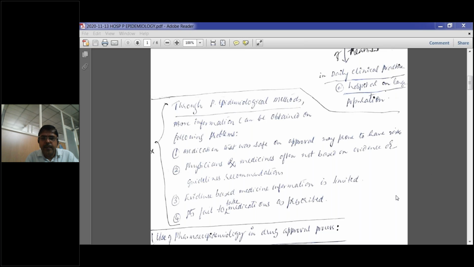Okay, Benazir, something you are trying to tell? Like reporting bias, media reporting. Can you make it more specific? Some drugs may cause adverse effects.